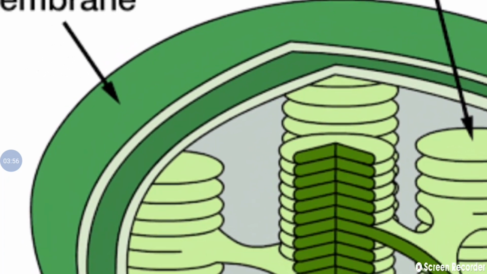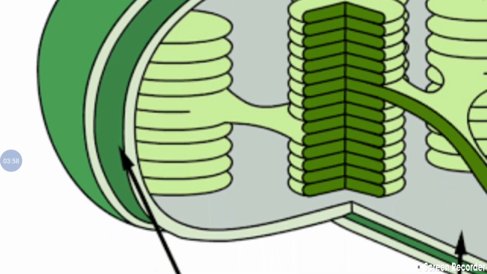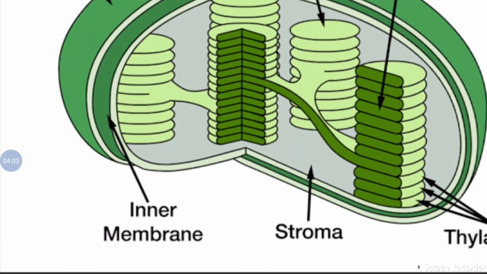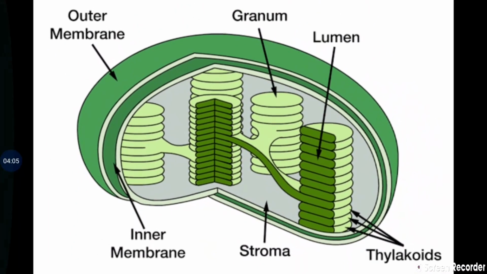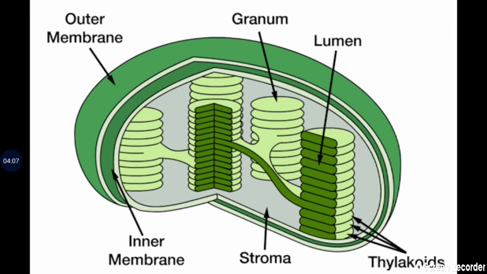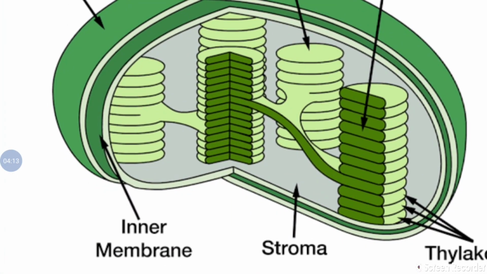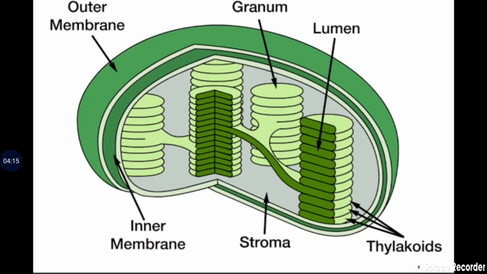The second membrane, lying just below the outer membrane, is called the inner membrane. So finally, chloroplasts are surrounded by two membranes: the outer membrane located peripherally and the inner membrane located just below it.